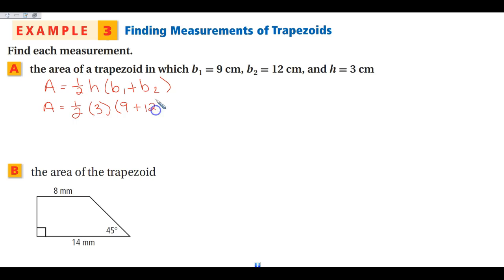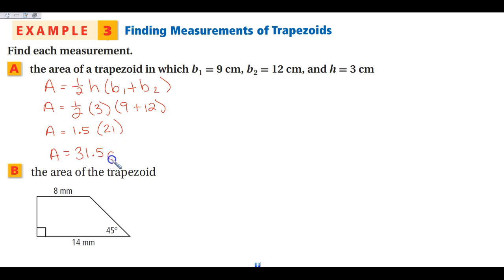So we're just plugging in the information that we are given. Remember, guys, order of operations: we need to multiply 1/2 times 3 to get 1.5, and then we need to add 9 plus 12 to get 21. Then we can multiply together to get 31.5.